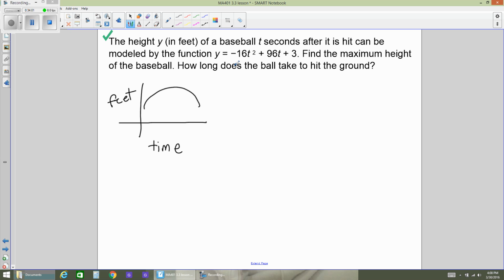Okay, so that's what I'm doing right now. And I got 3, 147. So it takes 3 seconds to get to the maximum height. So that's the height of 147 feet.